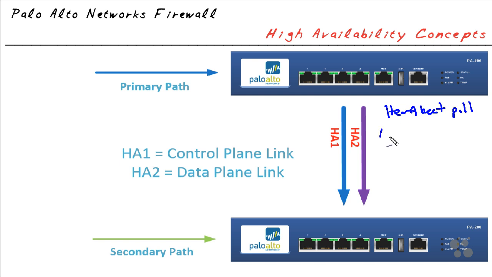I can do link monitor, where I take a look at the physical interface or link groups for larger firewalls, or I can do path monitoring. And path monitor is like a layer 3 ICMP ping to test a path. And so those are different ways that I can poll between my devices and make sure that they're both alive.